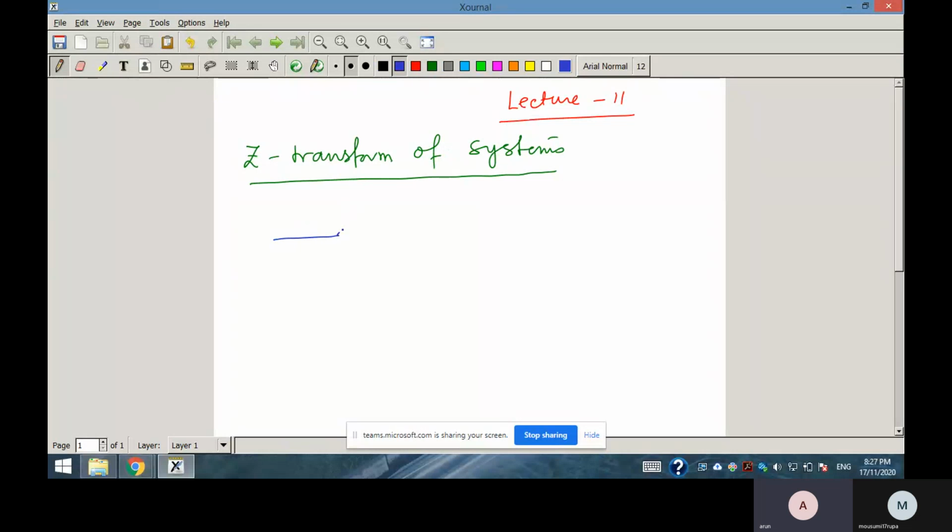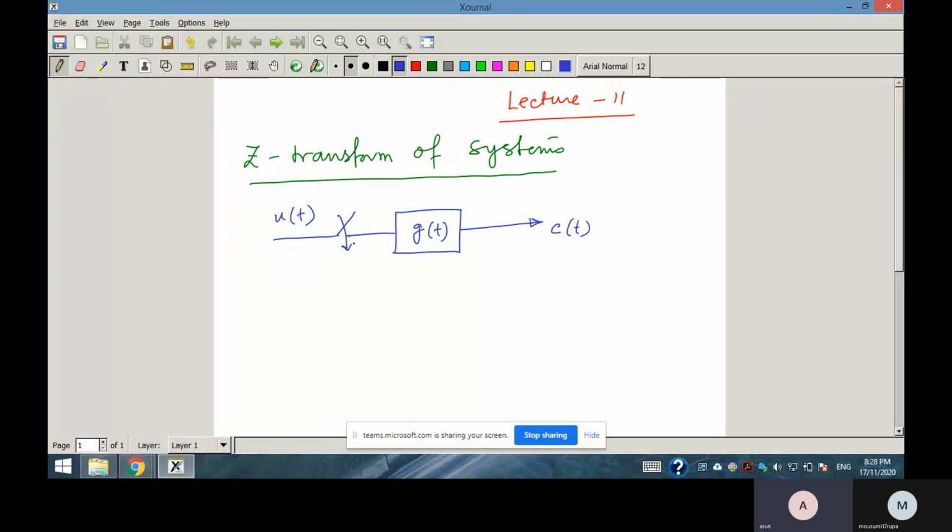Suppose this is my system configuration. So u(t) is my input, and then it is sampled.